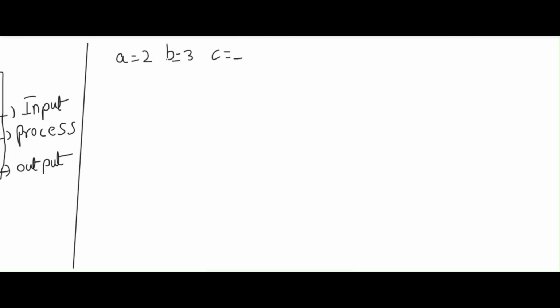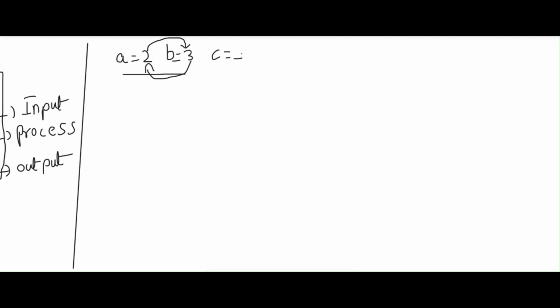You might have heard of swapping, right? Swapping is interchanging the values. That means I want to place the value 2 into B and 3 into the variable A. So when I print the variables, I should get the value of A as 3 and the value of B as 2.